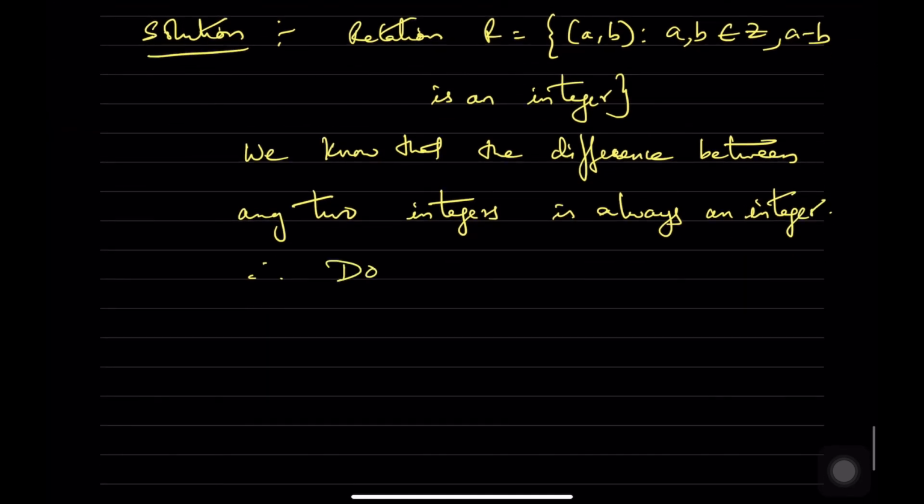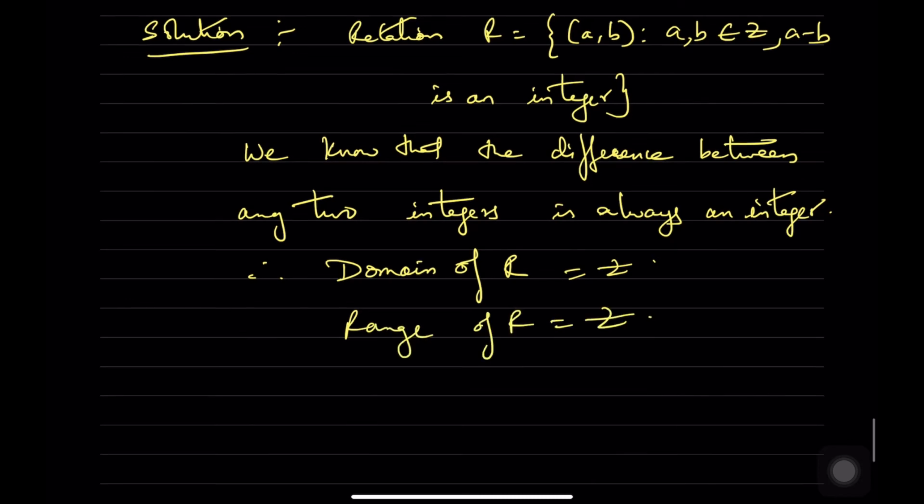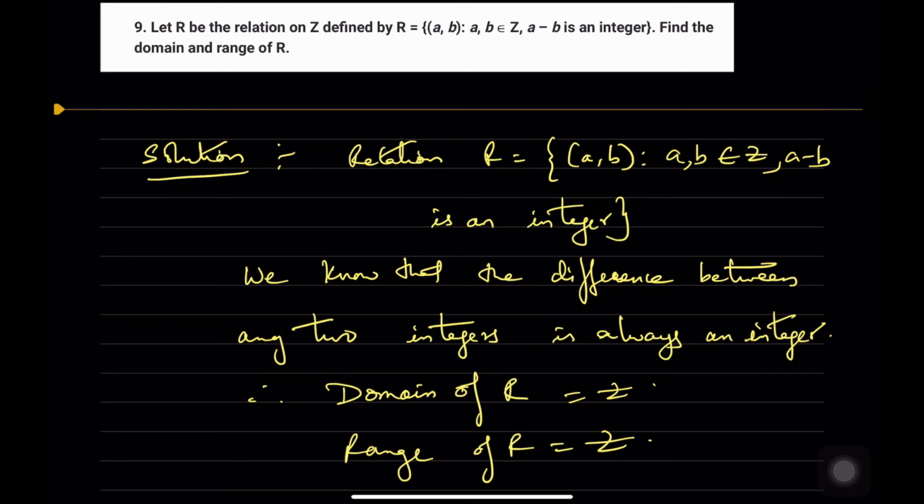Therefore, domain of R is equal to Z, and also the range of R is equal to Z. Because if you take the difference between any two integers, you are getting again an integer. So because all negative values and positive values lie in this set of integers, domain of R is Z, and also range of R is Z. The Z means integers.